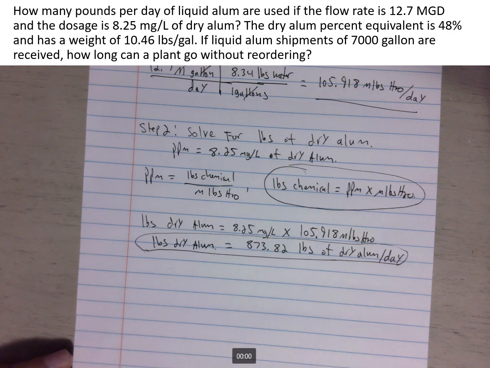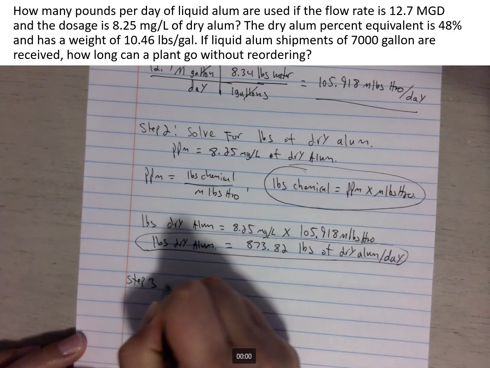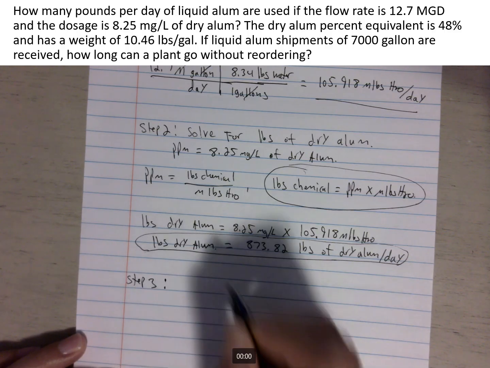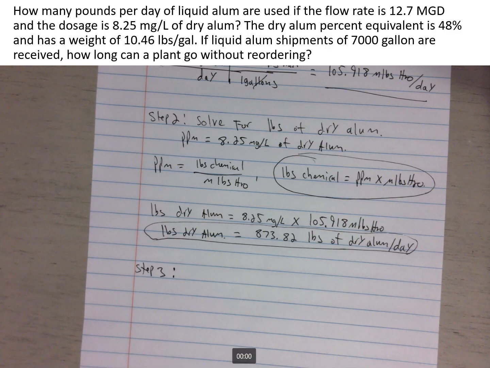So this part, step 3, we want to use the percentage given in the problem statement. It says that the dry alum percent equivalent is 48%, which means that in a barrel of this solution, 48% of that is dry alum by weight.